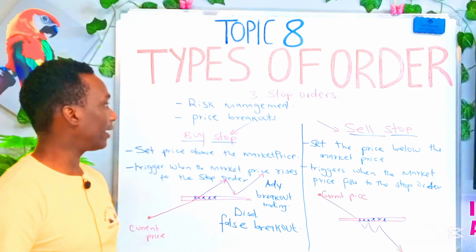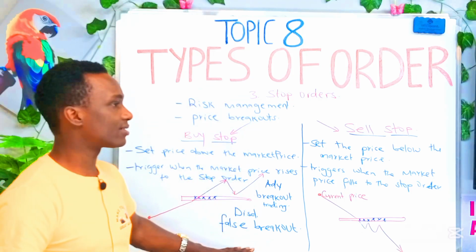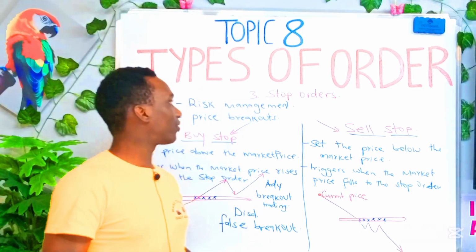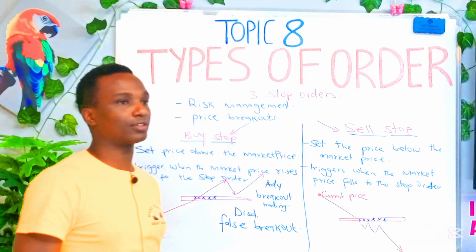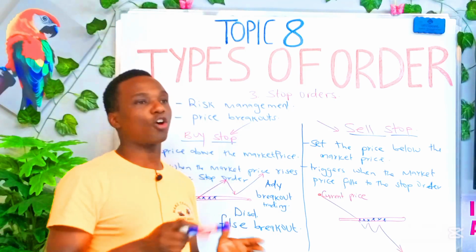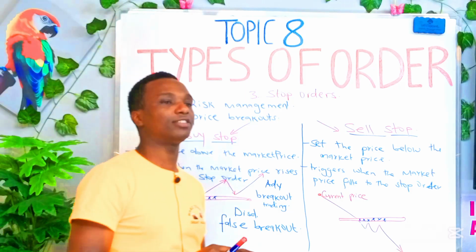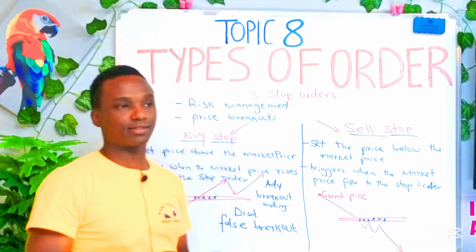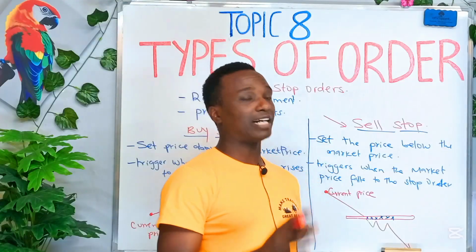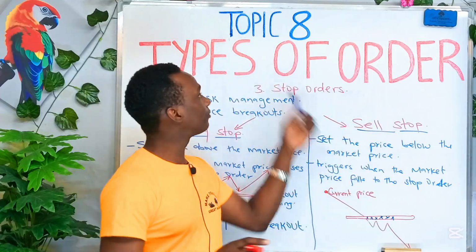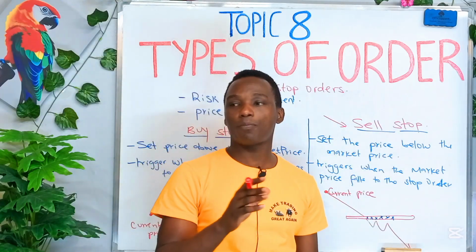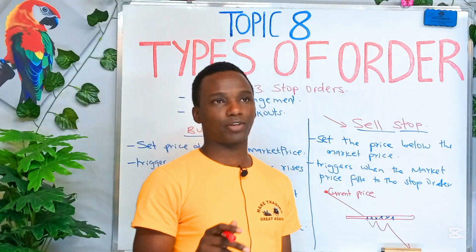Copy this before we move to the fourth type of order, which is stop loss orders. And finally, we look at trailing stop orders. The fourth type of order in the market is the stop loss order.